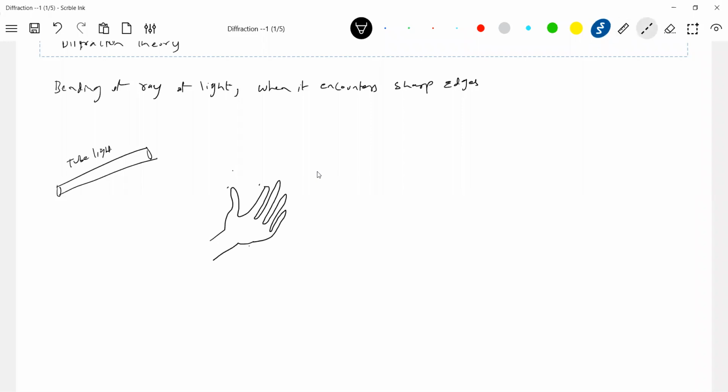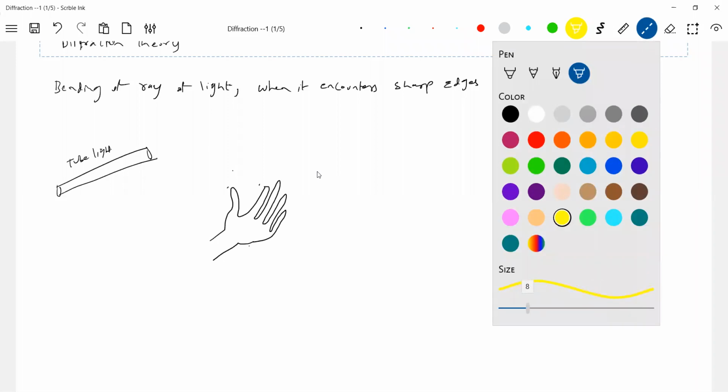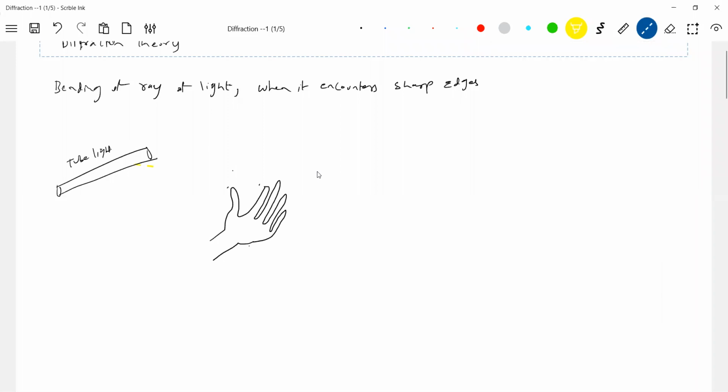The light will come. It's a white light, which I can't show, so let me show dotted lines. Again, the shadow I have to show.